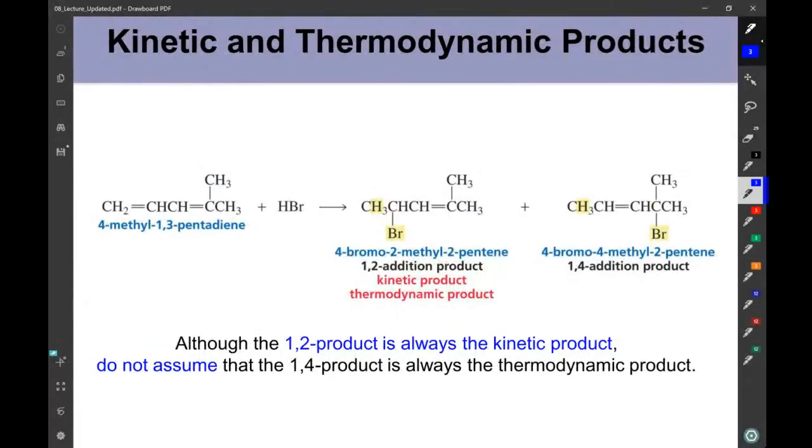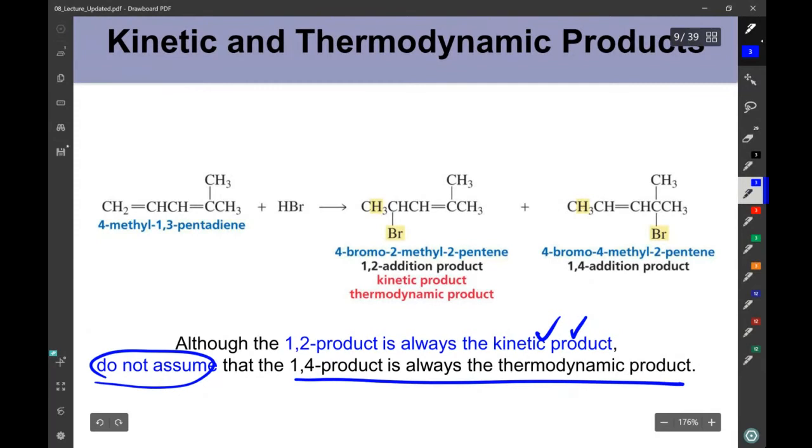Okay, just like I said before, although the 1,2 product is always a kinetic product, it's not safe to assume that the 1,4 product will always be a thermodynamic product. Okay, because remember, thermodynamic has to do with stability. If your 1,2 product ends up being the most stable, then that product is also your thermodynamic product.